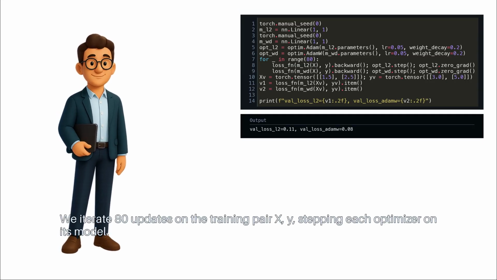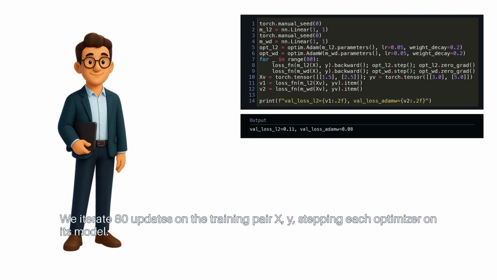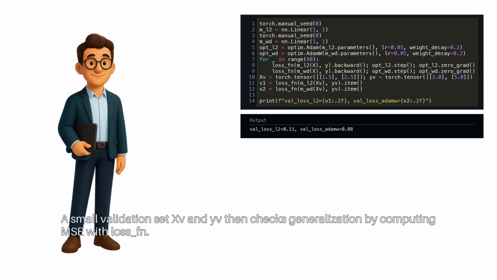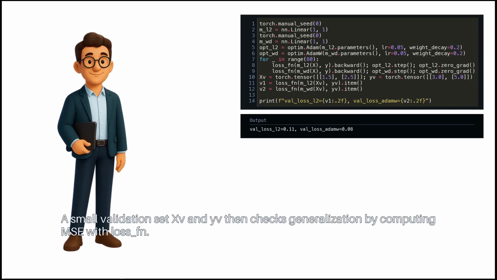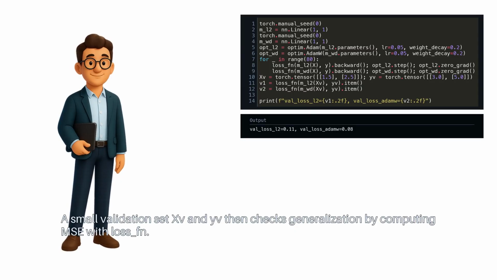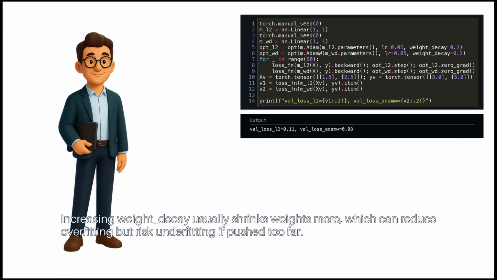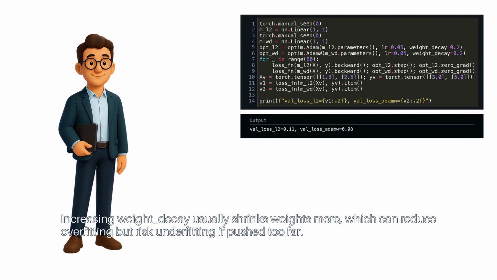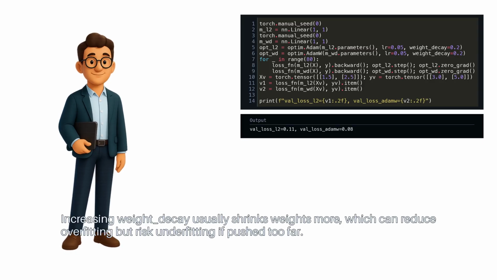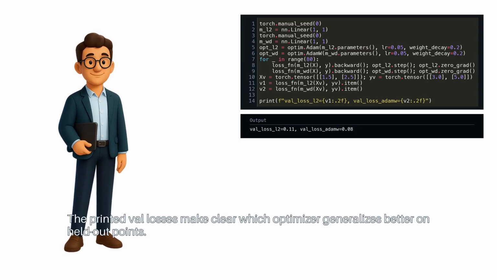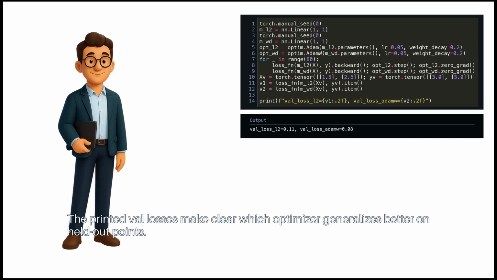We iterate 80 updates on the training pair X, Y, stepping each optimizer on its model. A small validation set, XV and YV, then checks generalization by computing MSE with loss_fn. Increasing weight decay usually shrinks weights more, which can reduce overfitting but risk underfitting if pushed too far. The printed val losses make clear which optimizer generalizes better on held out points.